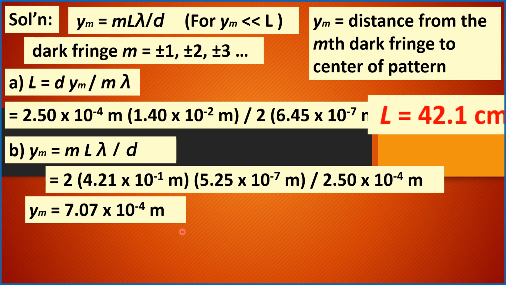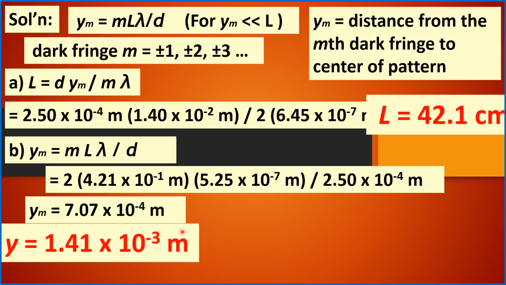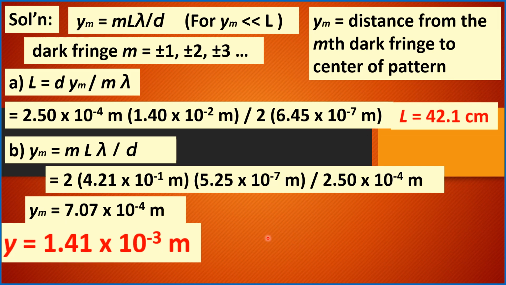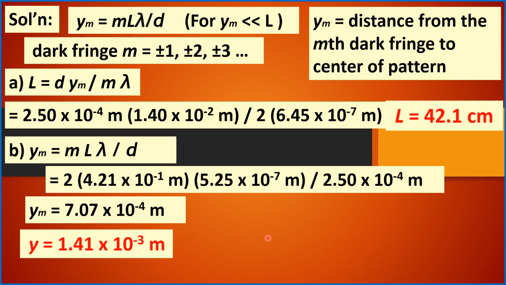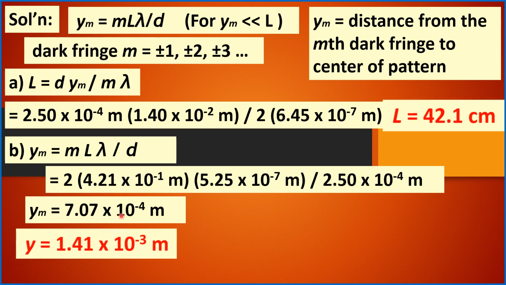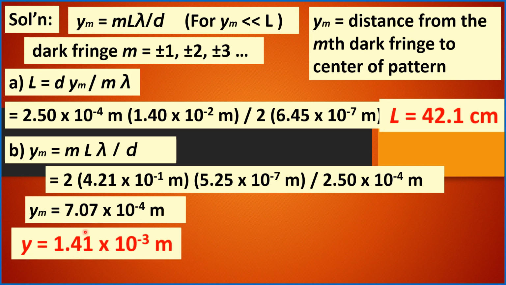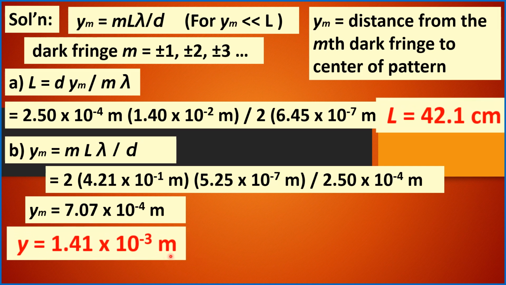But since what we are asked is the distance between the two second minima, we just multiply y sub m by 2. What we get is 1.41 times 10 to the negative 3 meters.